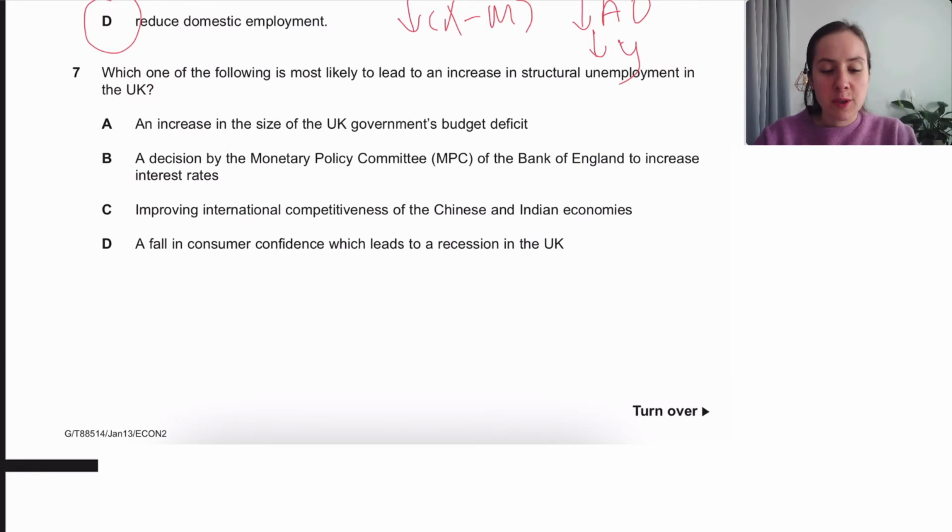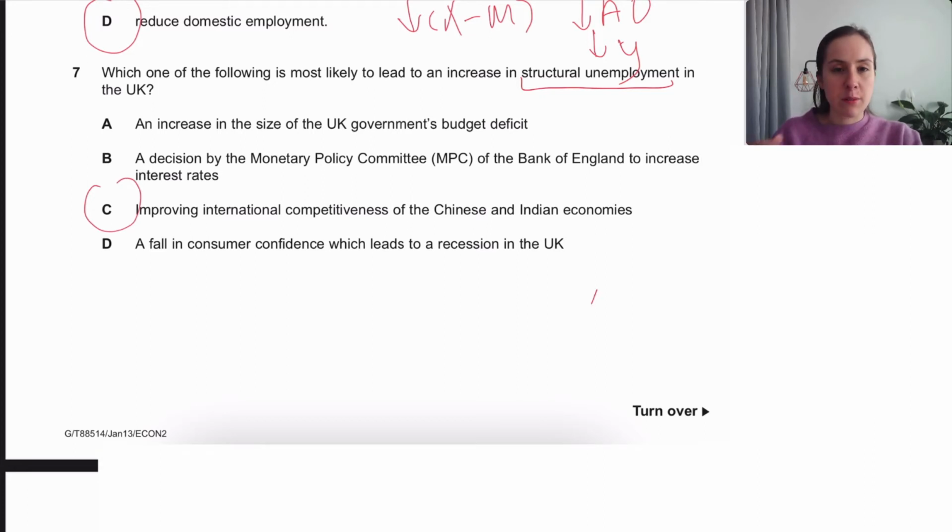Which of the following is most likely to lead to an increase in structural unemployment in the UK? Structural unemployment is because the workforce has different skills to what the jobs are available. So we're looking for something that creates a mismatch. Something like competition from China and India.